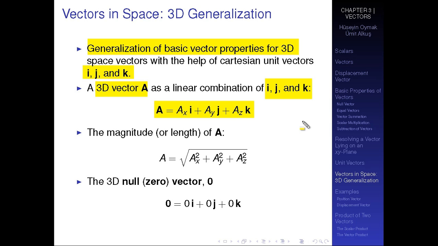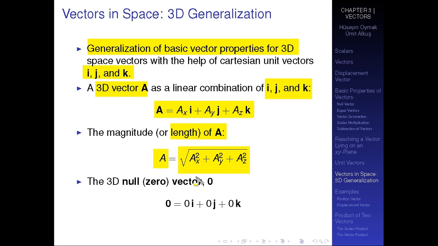Then, using Pythagorean theorem twice, we obtain the magnitude or the length of A as A equals square root of ax square plus ay square plus az square.